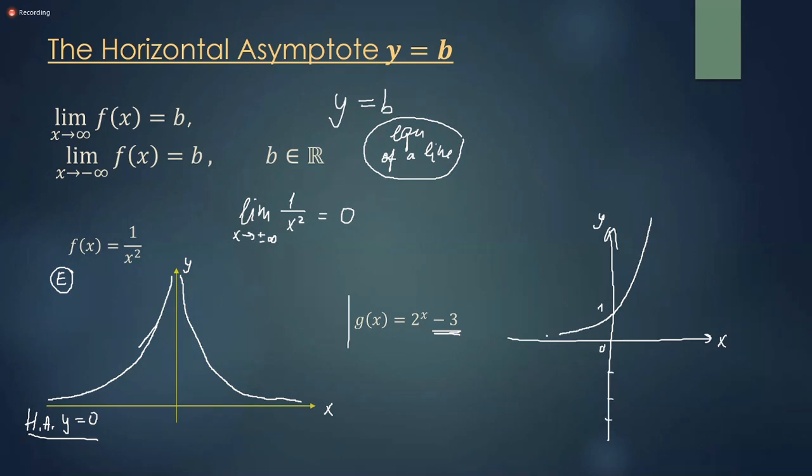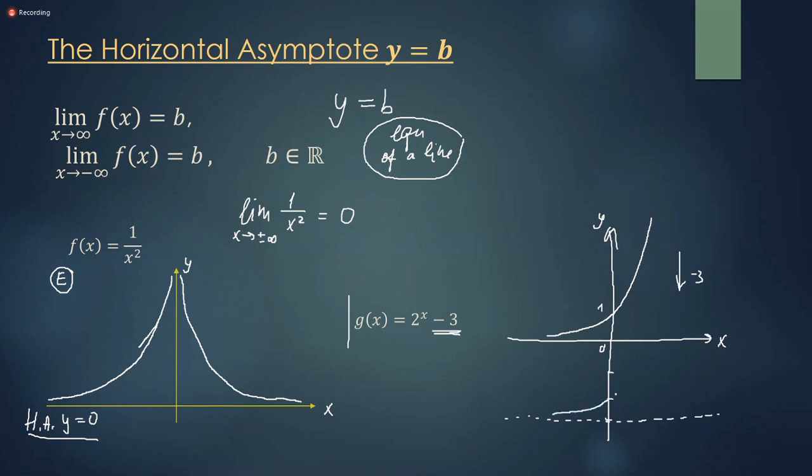Generally, the exponential function would have the x-axis as its asymptote, but because we have to move it 3 units down, the horizontal asymptote now is minus 3. So we have moved the graph 3 units down.